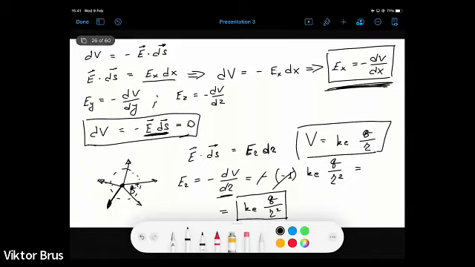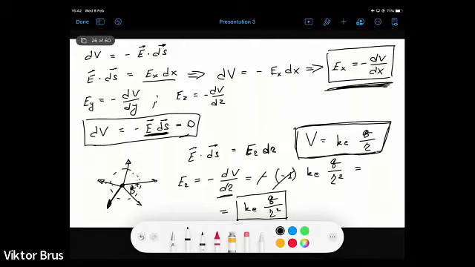So indeed, this relationship between electric field and electrostatic potential works. How do we show this? First, we derived the equation which describes electrostatic potential distribution around a point charge.